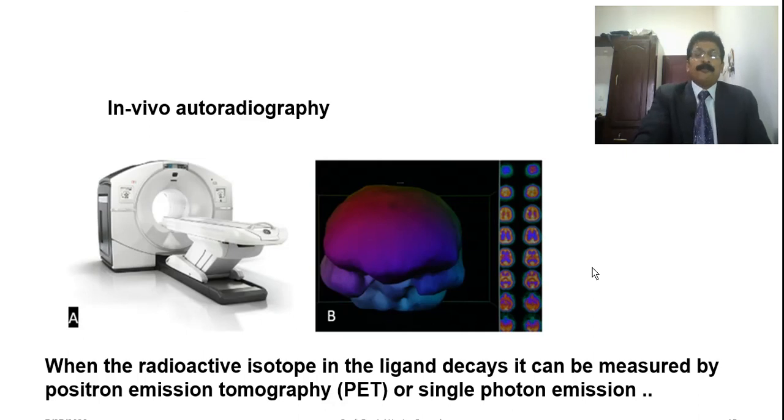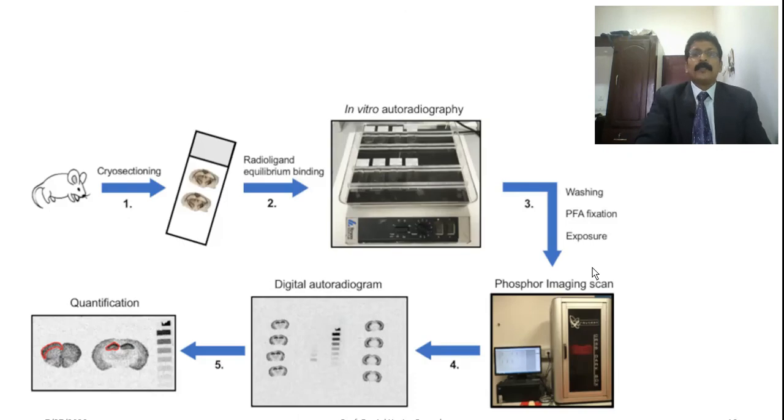When radioactive isotopes in a ligand decay, it can be measured by positron emission tomography, PET, or single photon emission. And this is about in vitro autoradiography, where a tissue can be taken.